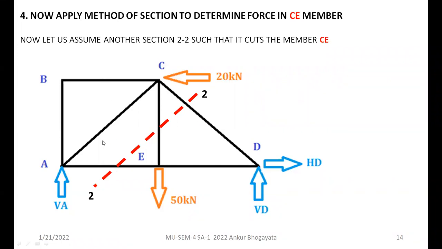So now we will not remember that, oh yes, earlier we used section 1-1 and we divided the truss in another way, and we have calculated FAC. We are not concerned. Whatever is known, whatever is unknown, we are not at all concerned. Right now, our world is the new world with section 2-2. The only old knowledge that you should possess is the reaction values.